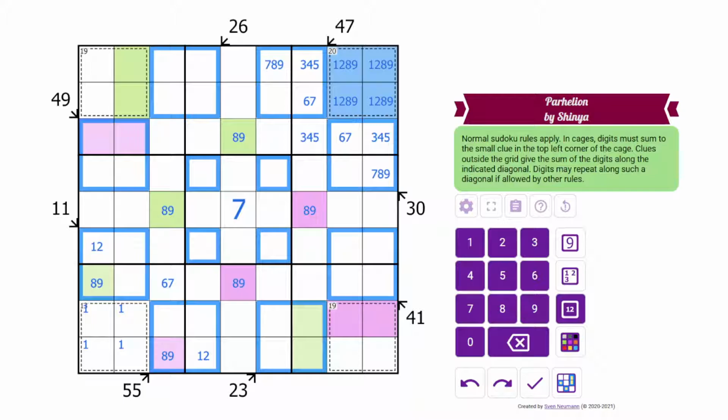So this is 26 plus 47 plus 30 plus 41 plus 23 plus 55 plus 11 plus 49. And they double up on 8, 9. They use it twice for each of them. So it's 34 times 2, so minus 68. 214. Okay, how many cells is this? 16, 17, 18 makes 36. Slightly above 5. Does not help.